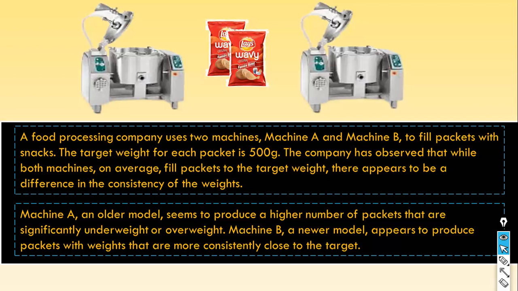It is not filling correctly. Machine A has more extreme outliers, either it overfills or it underfills, 600 gram or 400 gram. Ideally, it should fill 500 gram. If it is minor variation, 503 gram, 498 gram, it is fine.